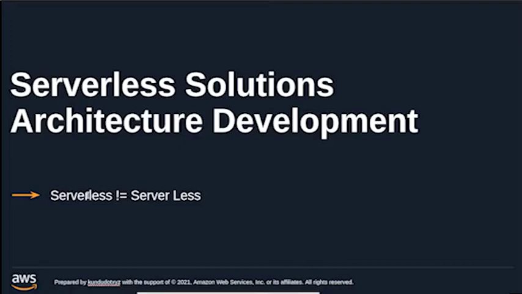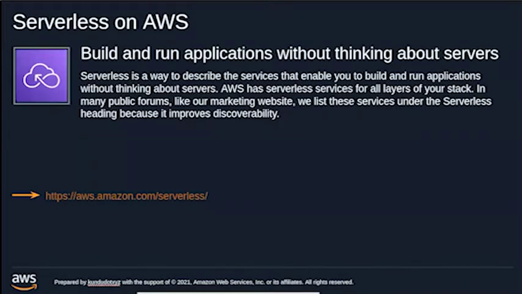This is how AWS puts it: there are servers, but you are not thinking about them or managing them. And this is how serverless came into the picture with AWS.